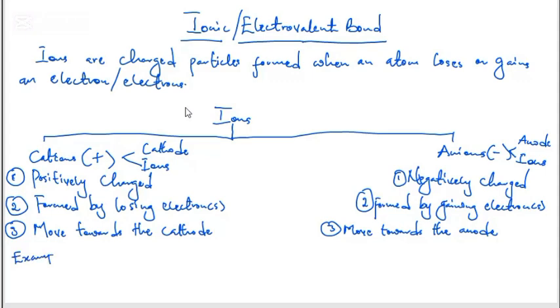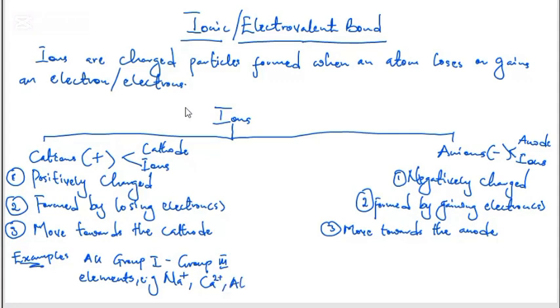So examples. For examples of your cations, we say all group 1 to group 3 elements form cations when they lose electrons. For example, we have sodium, calcium, and let's leave it at aluminium.